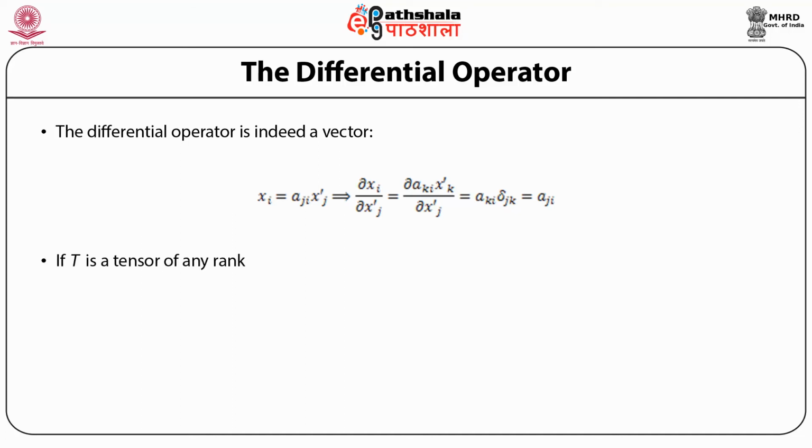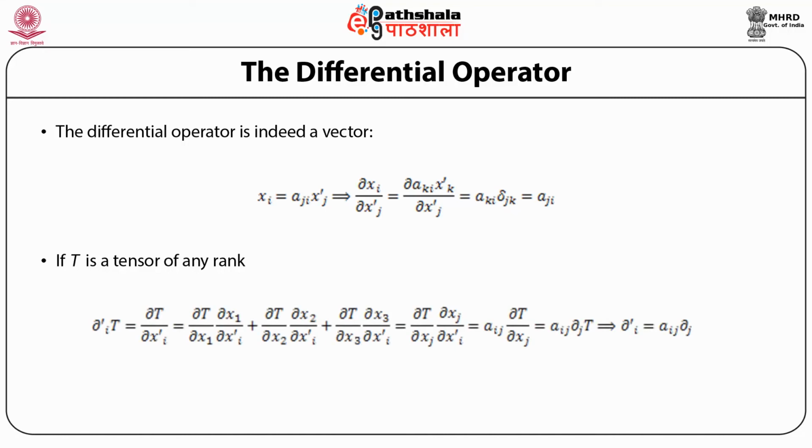If T is a tensor of any rank, then del dash i T equals del T by del x dash i, equals del T by del x1 into del x1 by del x dash i plus del T by del x2 into del x2 by del x dash i plus del T by del x3 into del x3 divided by del x dash i, equals del T by del xj into del xj by del x dash i, which equals aij into del T by del xj, which equals aij del j T, which implies that del dash i equals aij del j.